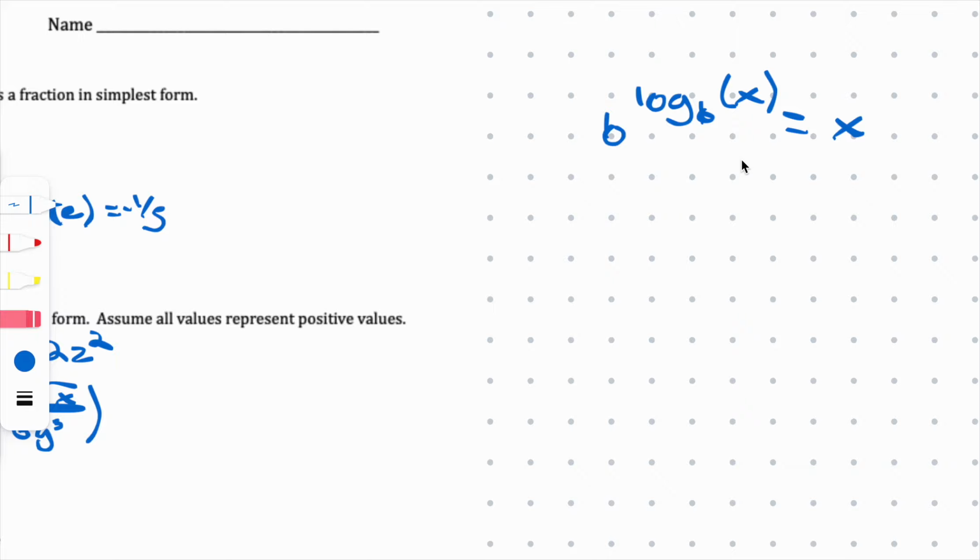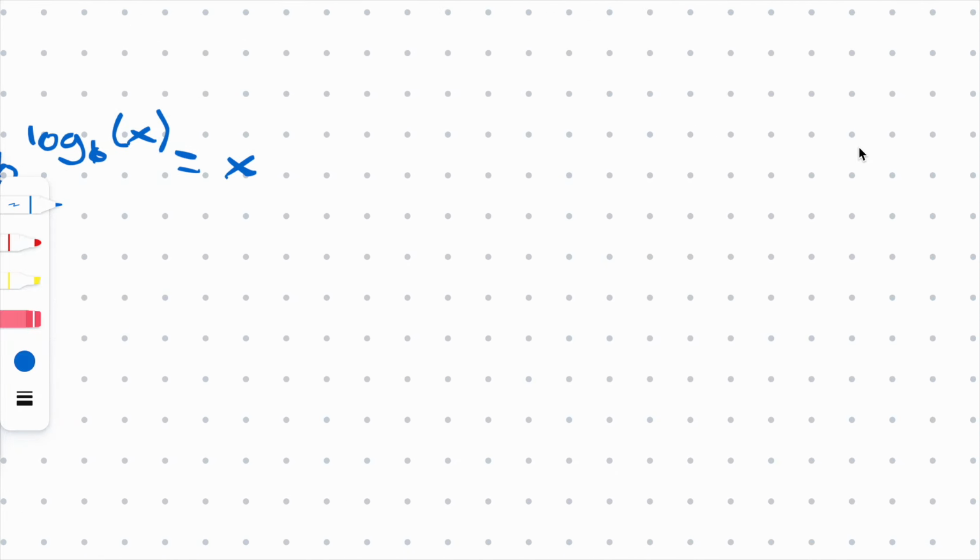Because we're raising b to an exponent, and we're also taking the log of x with a base of b. And so since logarithms and exponents are sort of the opposite, they undo one another, we're able to have this statement that b raised to log base b of x equals x.